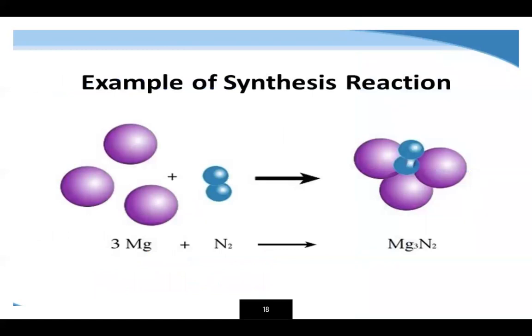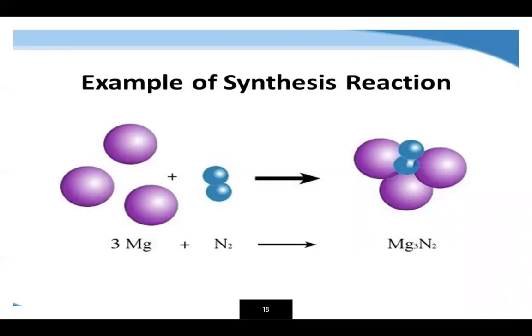So this is another example of a synthesis reaction, and you can see it a little bit more visually, which is why I include this picture. I think it's important to see this visually to picture it, right? We have Mg, but we have that coefficient out in front, right? So that 3 in the coefficient says that there's 3 Mg. So each of the purples serves as an Mg.